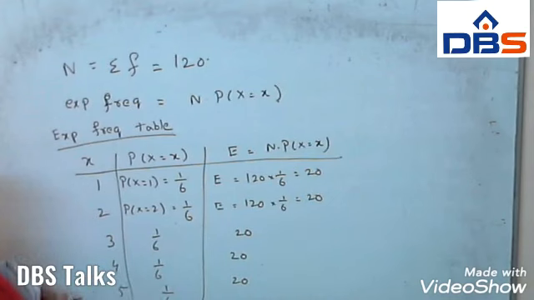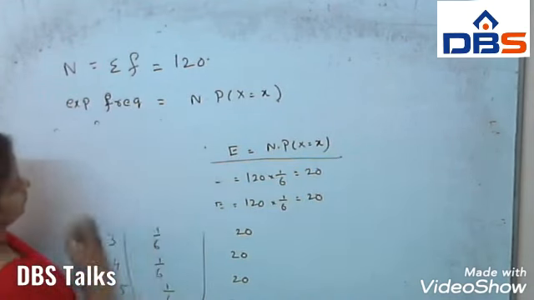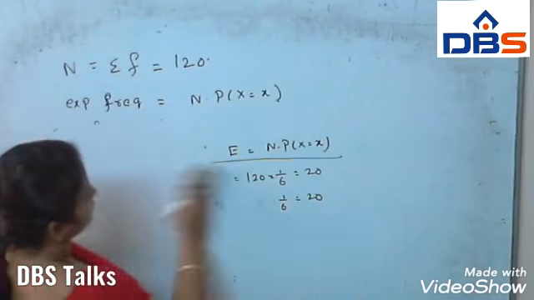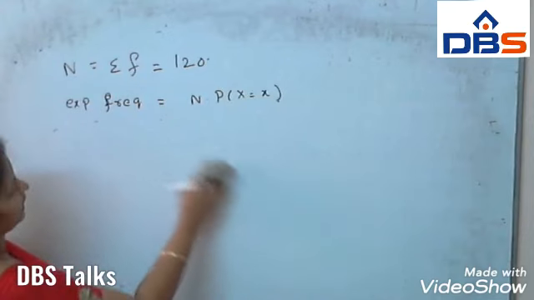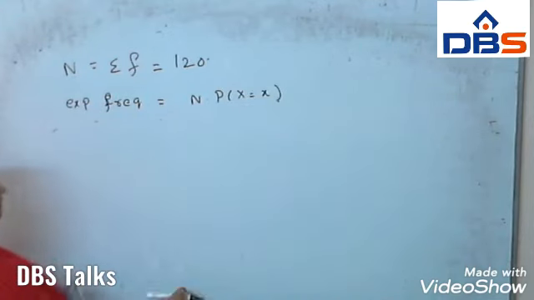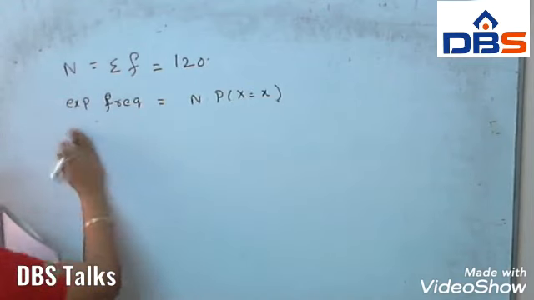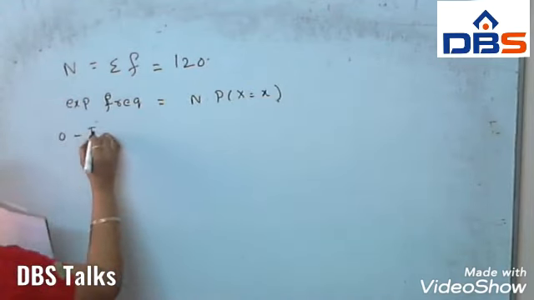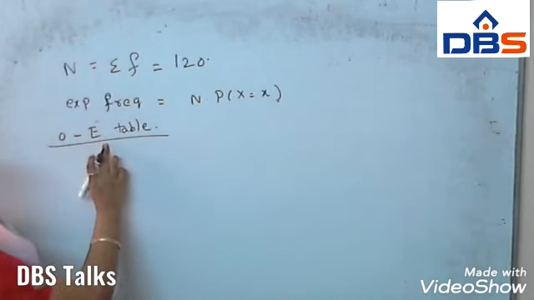After that, we have to go for the table. First, we have to find the expected frequencies. The formula is n into P of x equal to x. For each value, we have found the expected frequencies. Now the OE table, the comparison between observed values and expected values.